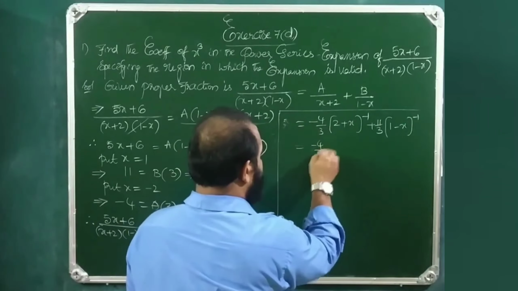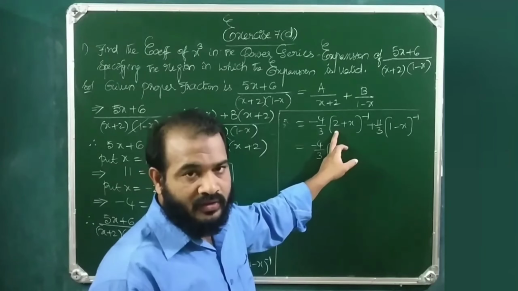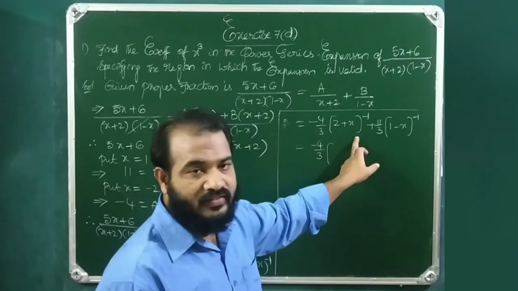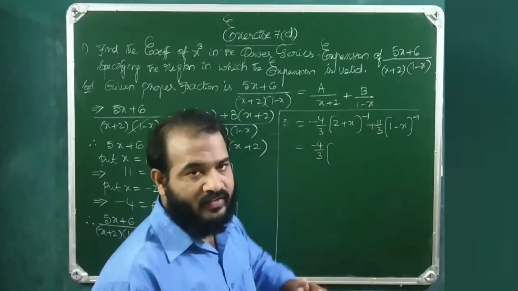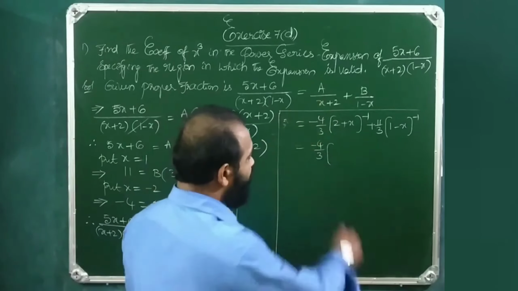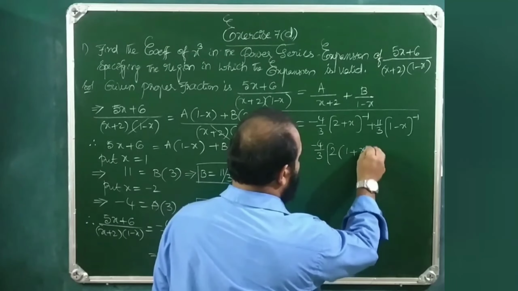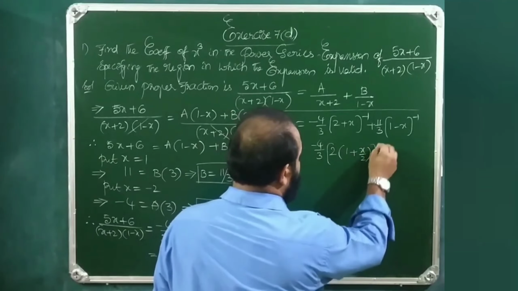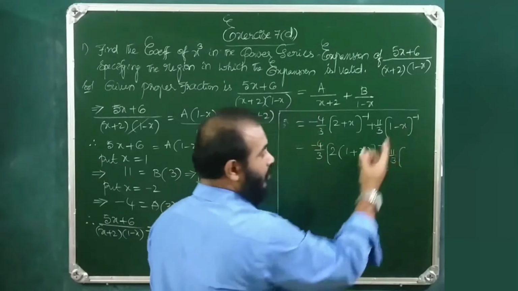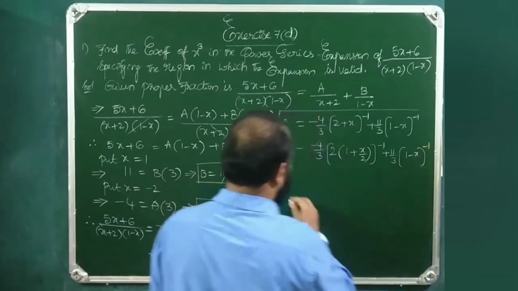So minus 4 by 3: this we have to write in the form of (1 plus x) whole power minus 1. So here 1 should be there, for which I will take 2 common, then we get (1 plus x by 2) whole power minus 1, plus 11 by 3 into, this is already in that form only, (1 minus x) whole power minus 1.